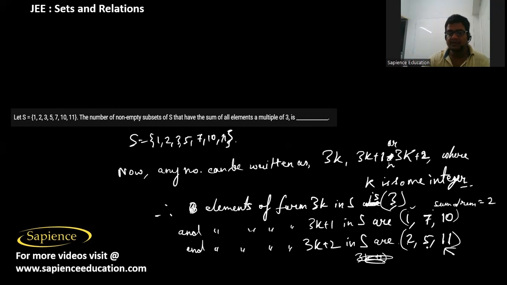And from here, if you take two numbers which leave remainder 2, then the sum of the remainders will be 2 plus 2, 4. So the remainder will be 1 when we divide by 3. And here the sum of the remainders will be 6, so there will be no remainder when we divide by 3.